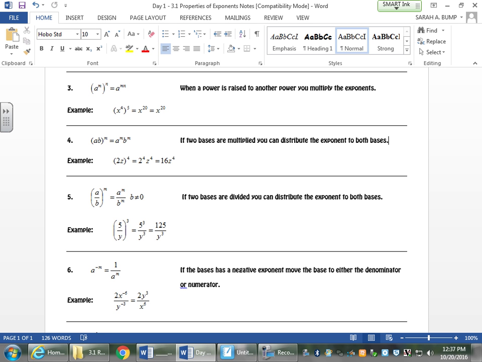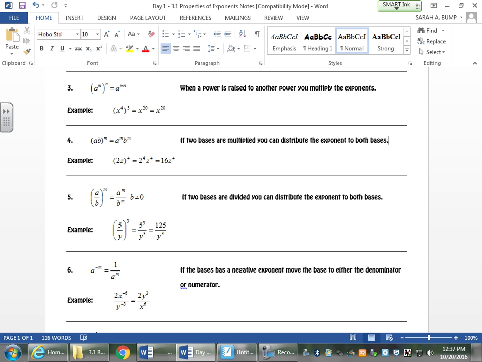So for number 4, we have a times b to the m. Because a and b are multiplied, you are allowed to distribute the exponent individually to both. There's an example of that. And then in number 5, the a and the b are being divided and all raised to the m, and you are allowed to again distribute the m to both. So it becomes a to the m over b to the m.